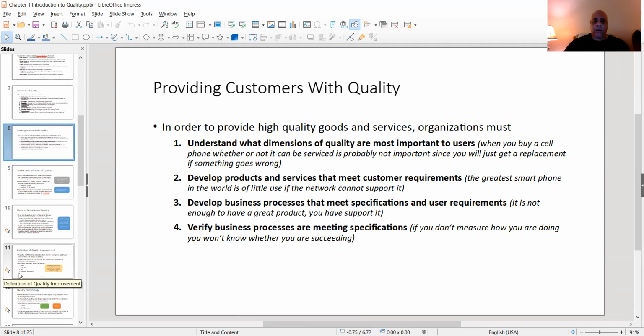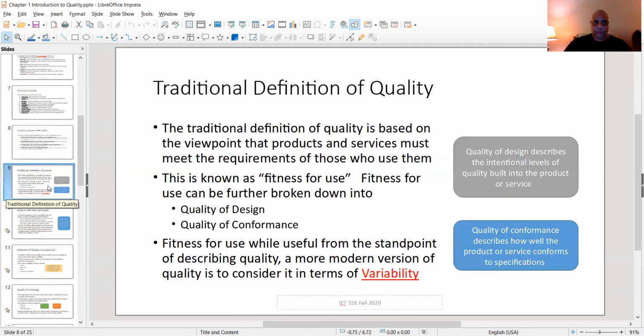Example, it is not enough to have a great product, you have to support it. And then we verify business processes are meeting specifications. So if you don't measure how you are doing, you won't know whether you are succeeding or, of course, failing.